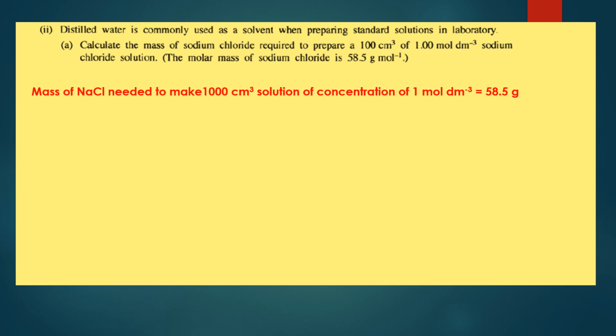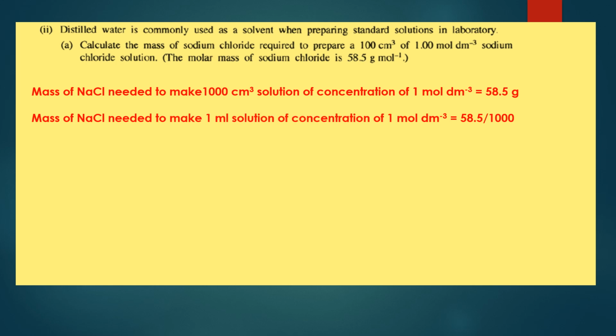58.5 grams. Then you can find the mass of sodium chloride needed to make 1 milliliter or 1 cubic centimeter solution of the same concentration. It is equal to 58.5 divided by 1000 in grams.